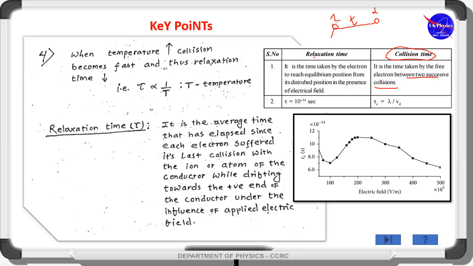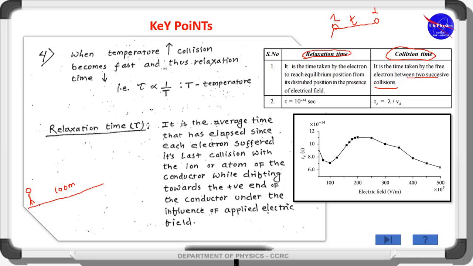Then we have to understand the relaxation time. Suppose we have this man who is standing out here. He needs to complete a 100-meter distance, no matter how much time he takes.